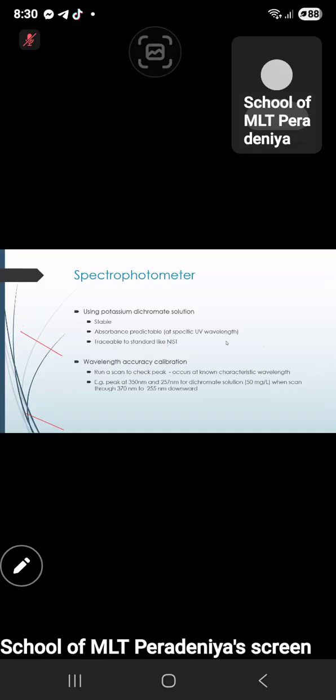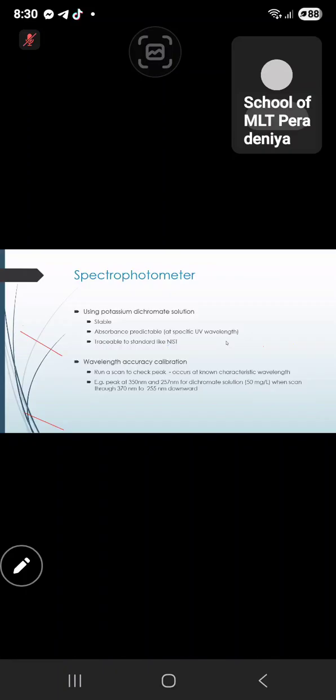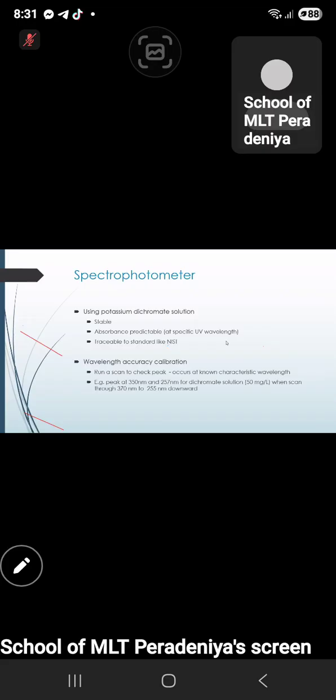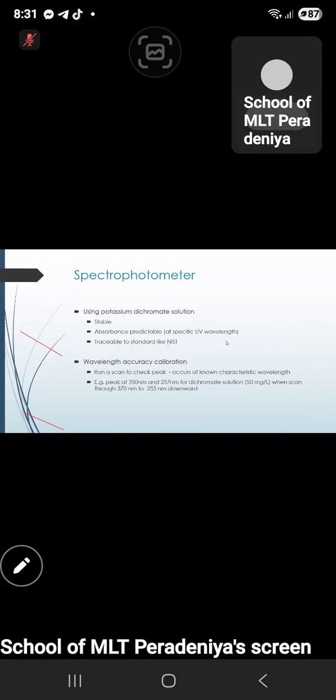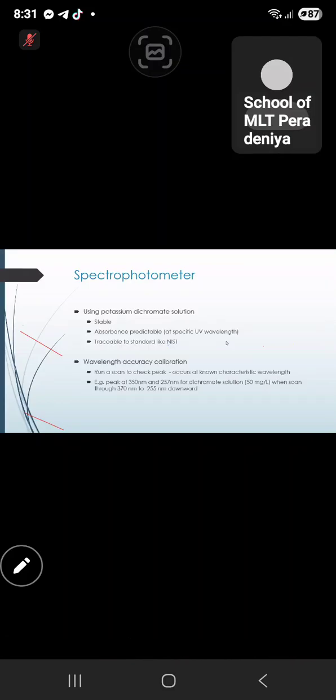If the potassium dichromate solution concentration is 50 milligram per liter, and we use sulfuric acid, 5 millimoles per liter, to blank the instrument, and then take the solution and get the absorbance reading, we will get peak readings at 350 nanometer and 257 nanometer.